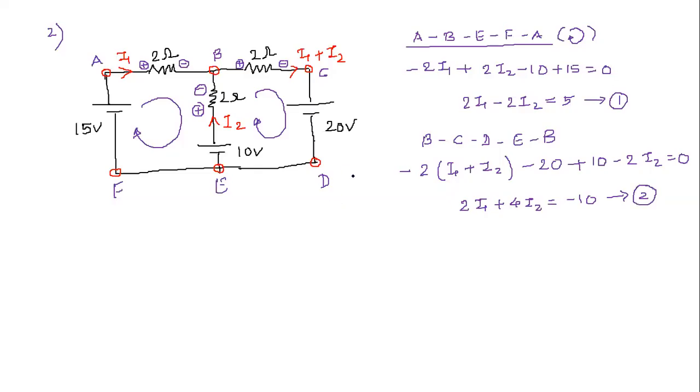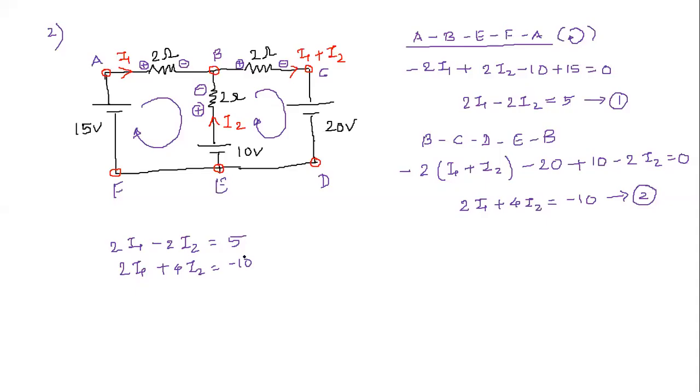Now, when you solve this: 2I1 minus 2I2 is equal to 5. 2I1 plus 4I2 is equal to minus 10, right?